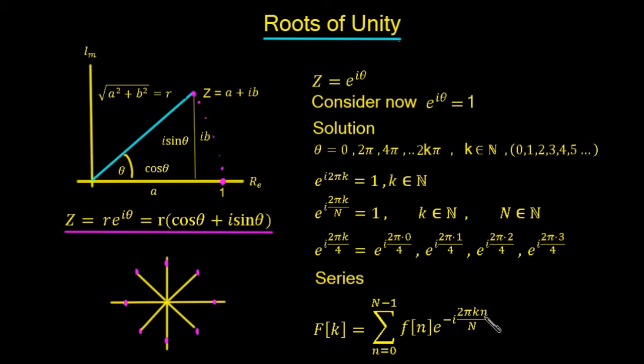So we sum them up over this value small n. And of course we multiply each of these phasors in turn by a sample function of time, f of n, and they're summed up from n equals 0 to n minus 1, and it gives us our function of frequency, which is f of k. So that's another simplified way of looking at the discrete Fourier transform.